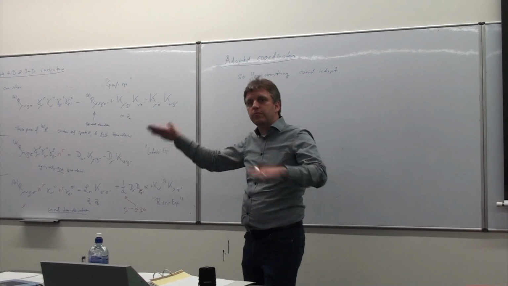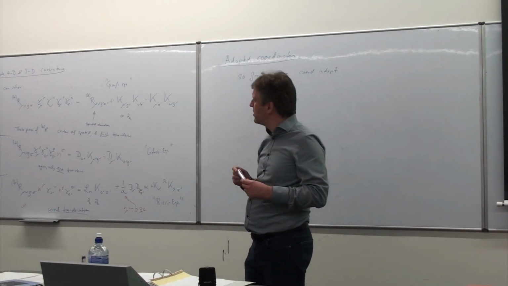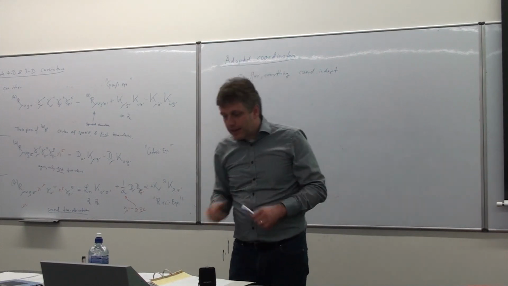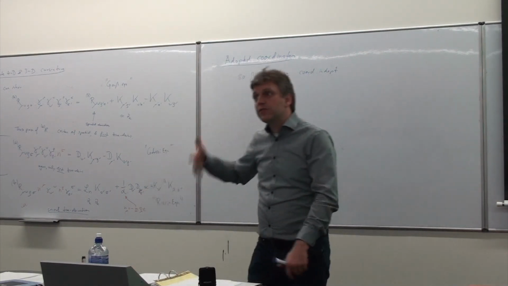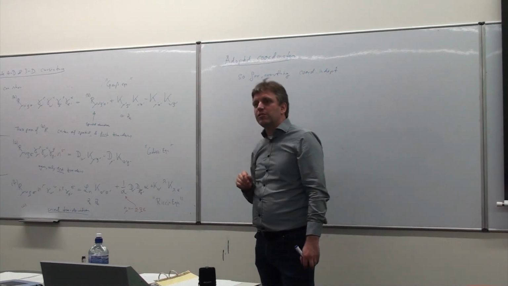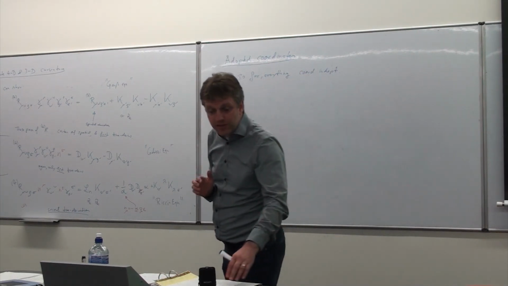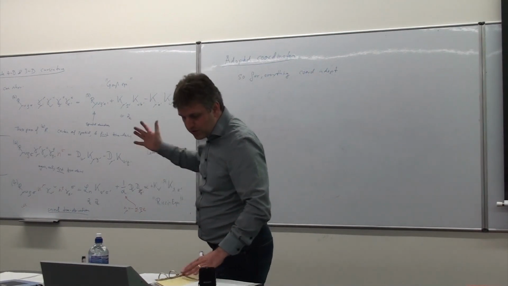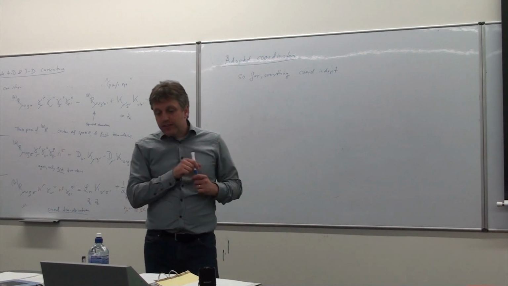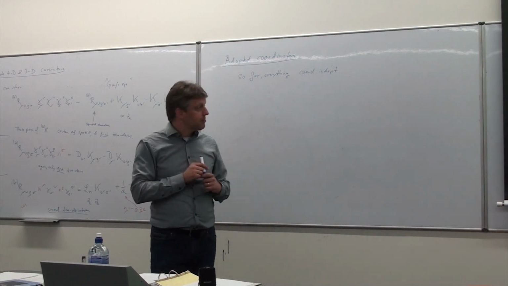You can decompose into spatial and time-like objects without ever choosing coordinates. If we had chosen coordinates ahead of time, all my expressions would have been a little bit simpler, but not very much simpler. But so it was the more general formalism. But now it's time to actually choose coordinates.